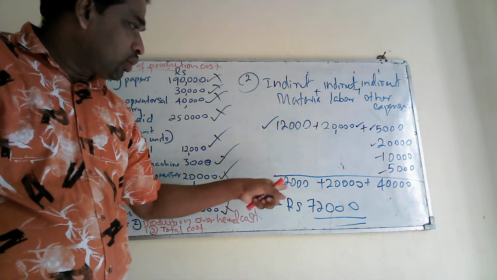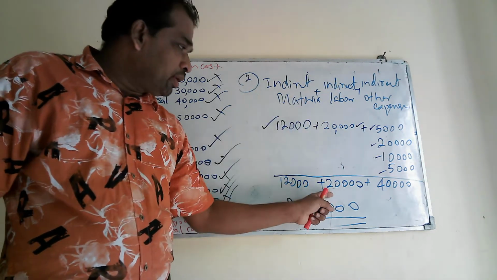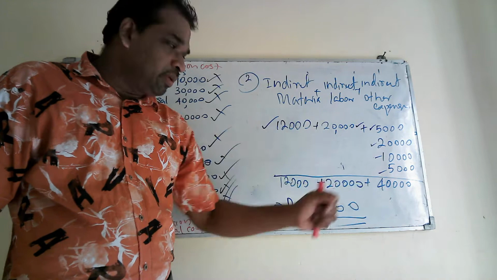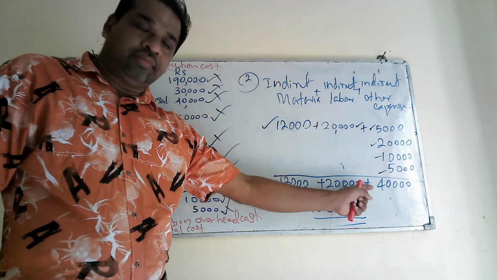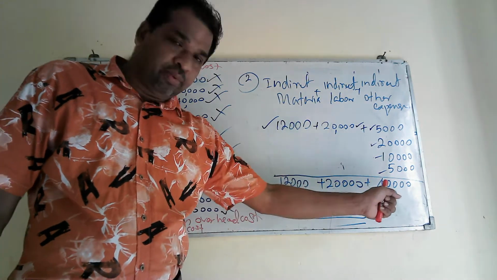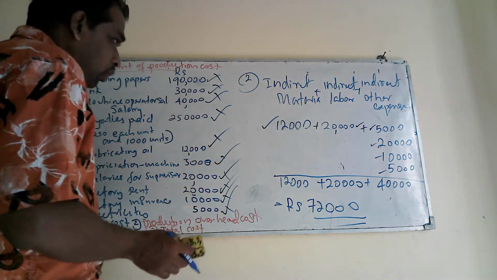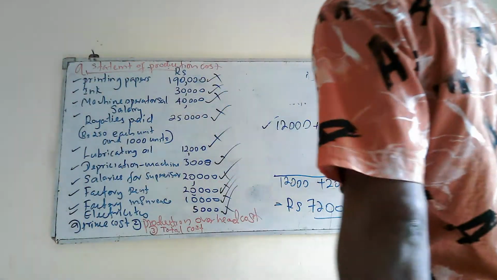Here you add these three: 12,000 material, indirect labor 20,000 and 40 indirect other expenses. 20,000 plus 12, 32, 32 plus 40,000, 72. Right. You got the answer for the second part, that is overhead cost.